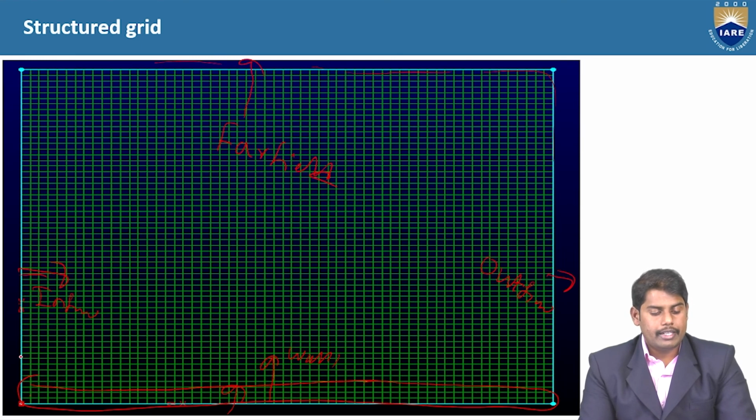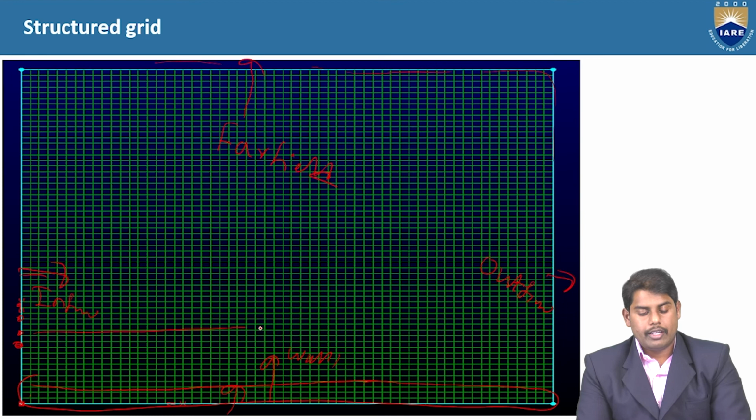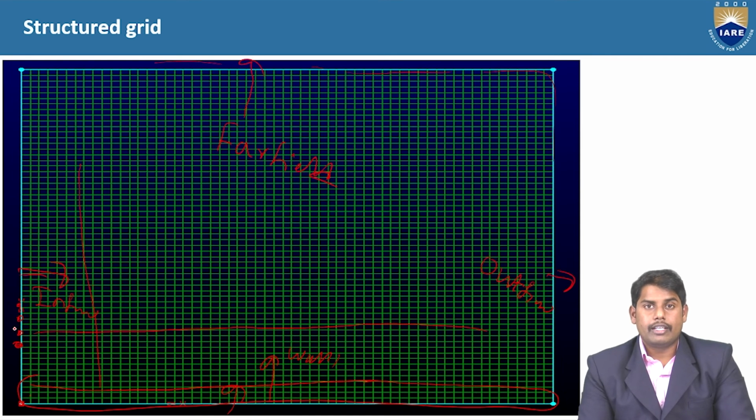You have some lines, these are x lines. There are lines going along the x direction, and there are lines going along the y direction. There are many lines along the x direction and many lines along the y direction. The intersection of these two lines gives you a point called a grid point.